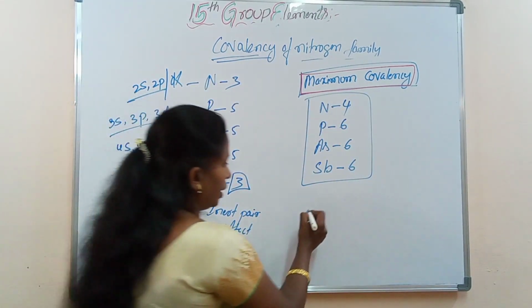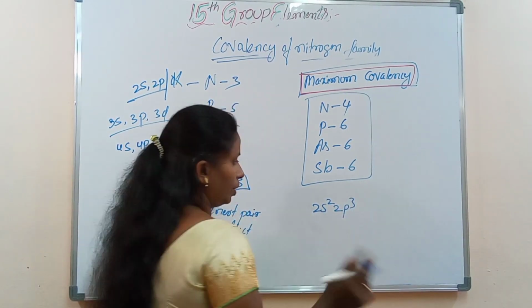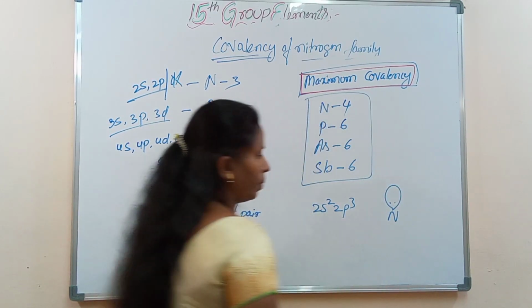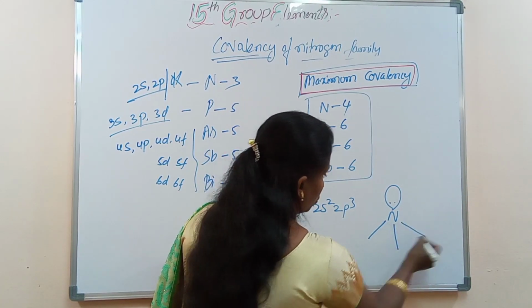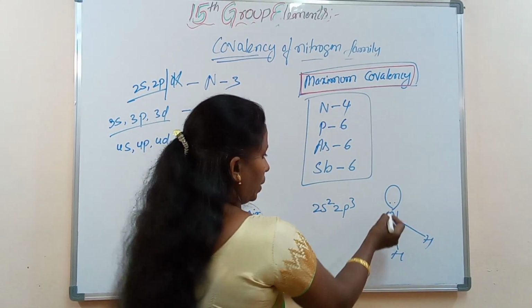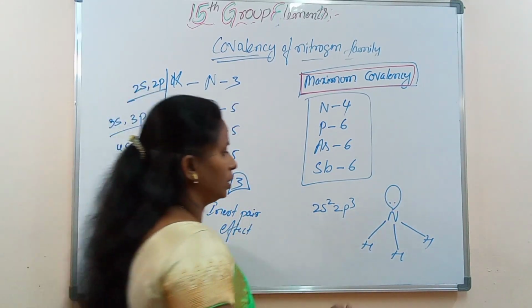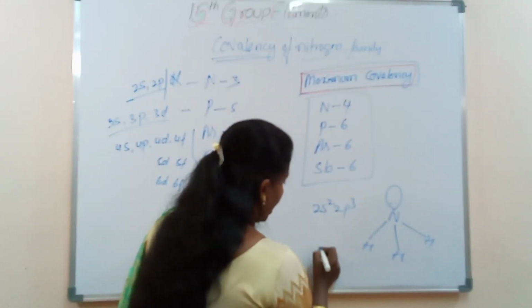Look here, the 2s2 2p3. Nitrogen has a lone pair of electrons, and these are the 3 bonds, NH3. By donating a pair of electrons to another species, it can form one more bond, for example NH4+.